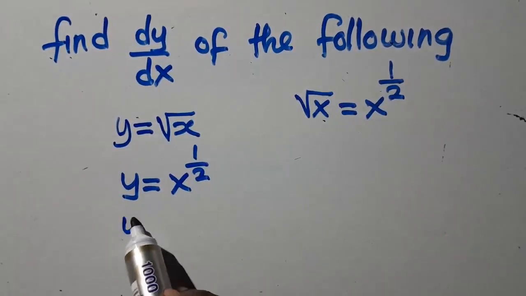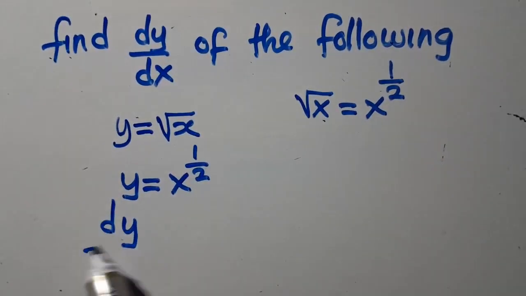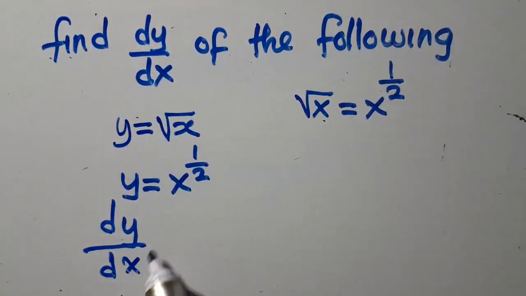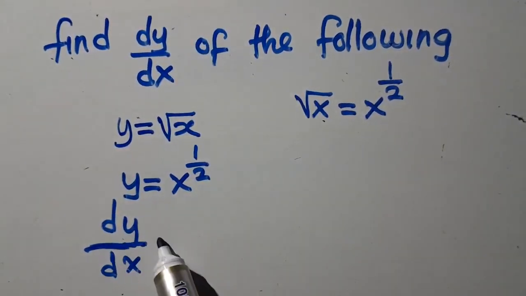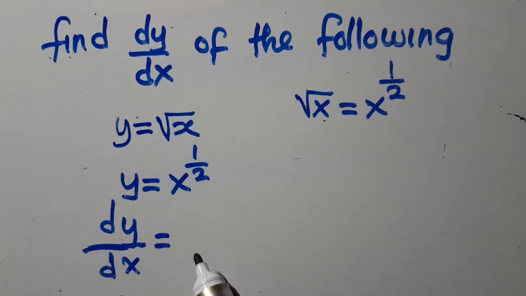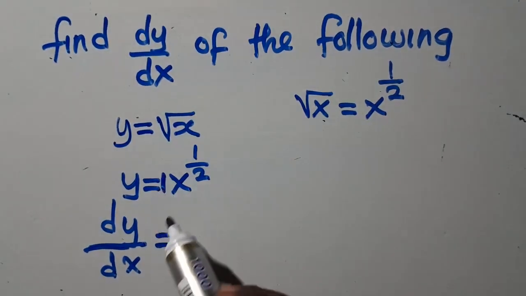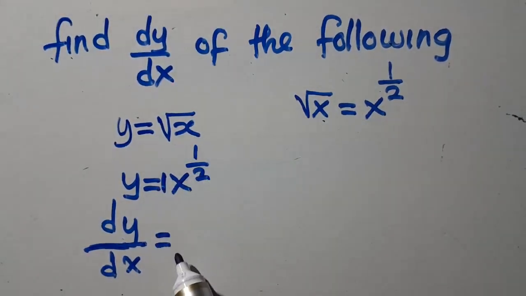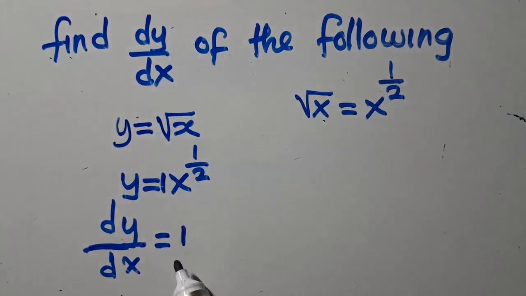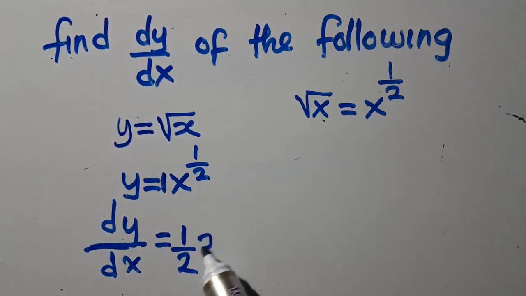So you say dy dx, which is equal to, here the coefficient is 1. So half times 1, what is your answer? So you just get half like this. This is what you are going to do. Then x maintains.